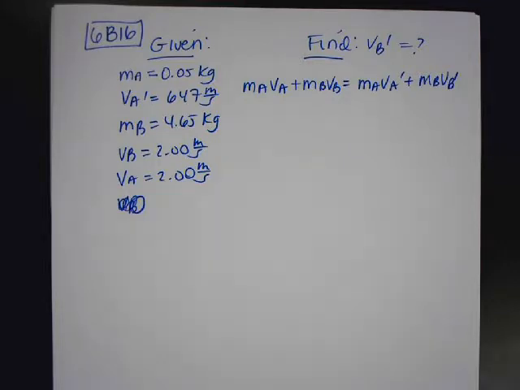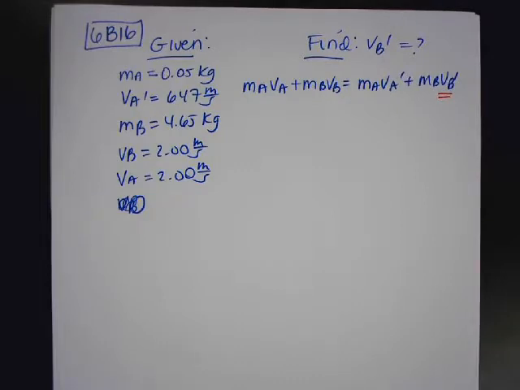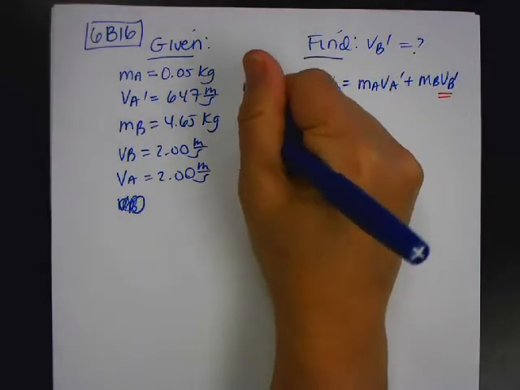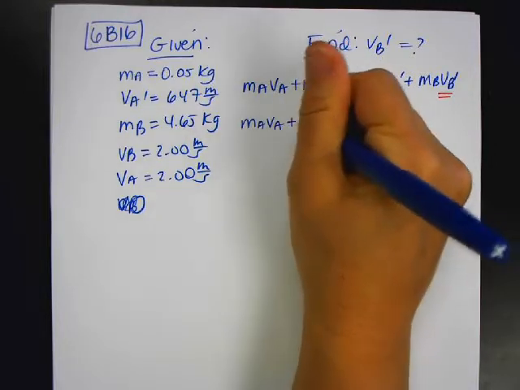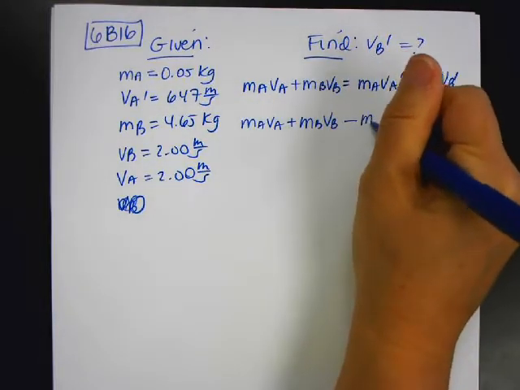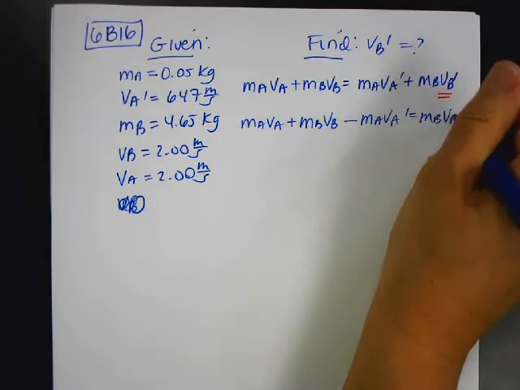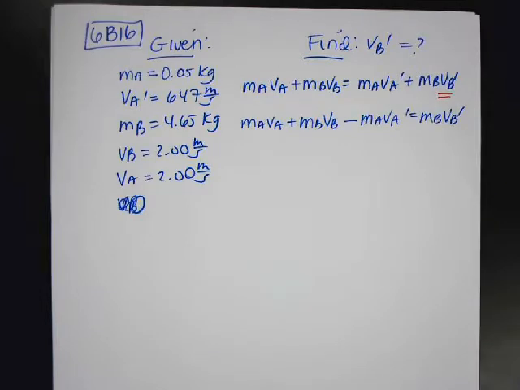So I want to solve for VB prime. So I'm going to rearrange the equation to solve for the unknown in terms of the known. So I have MAVA plus MBVB minus MAVA prime is equal to MBVB prime. Now I'll divide everything by the mass.